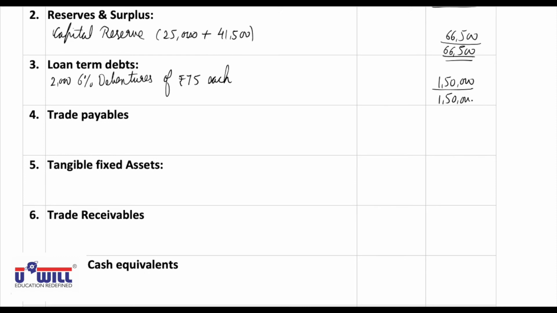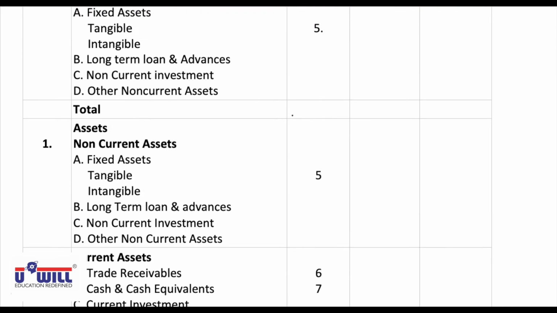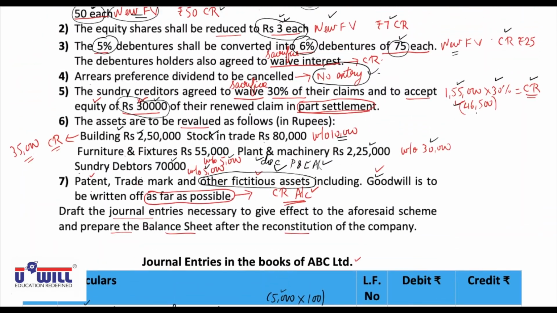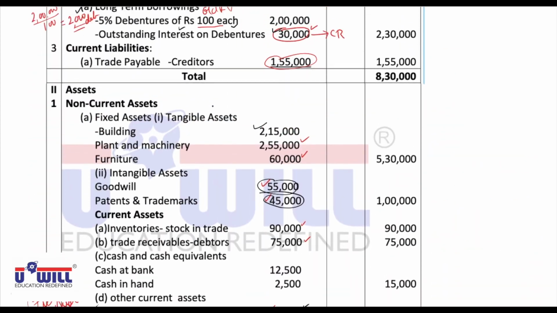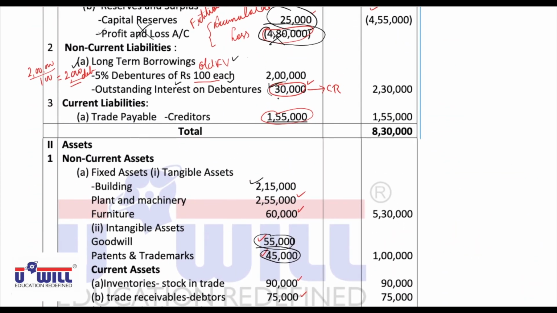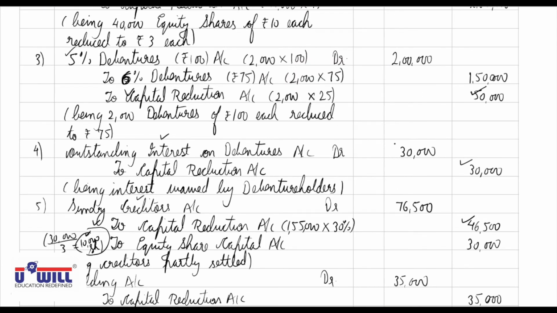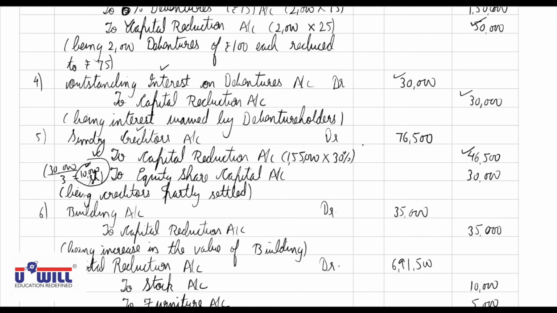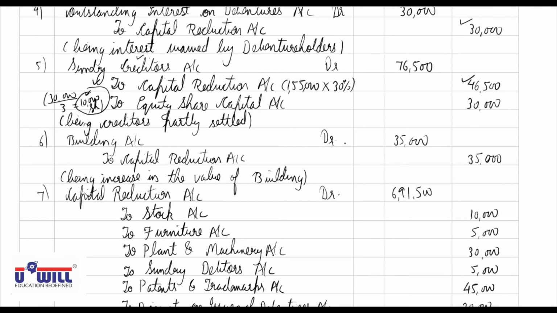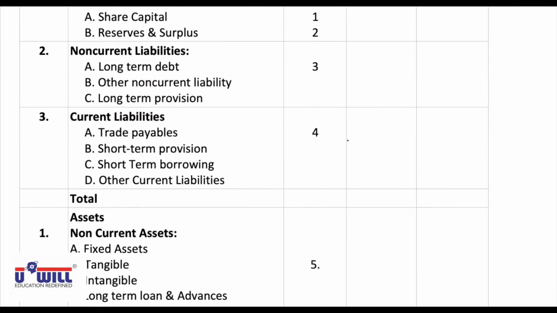Total also 1,50,000 because the 30,000 of interest gets cancelled. That interest of 30,000 which was there in the liability is entirely sacrificed and closed and debited in the journal entry. So that will not now come in the new balance sheet. It is entirely sacrificed by the debenture holders.